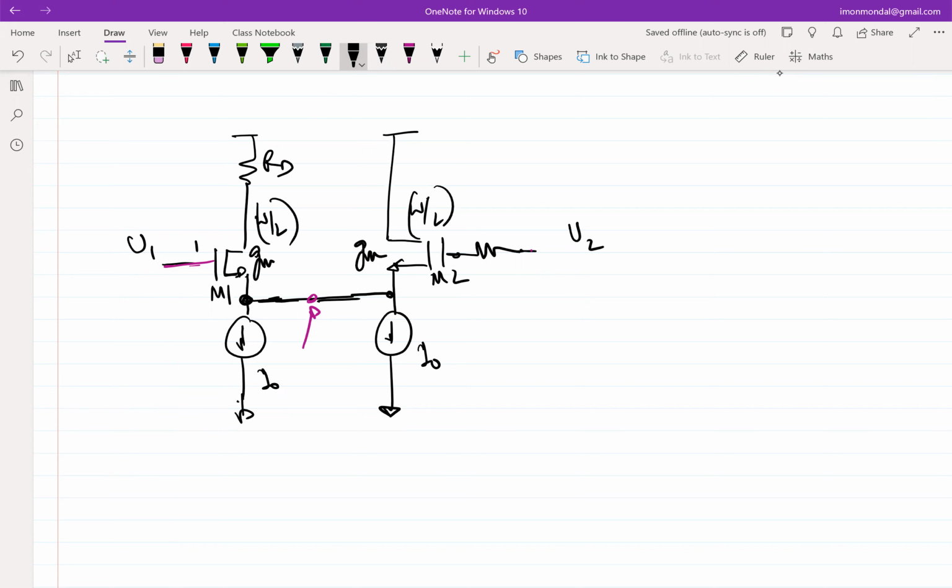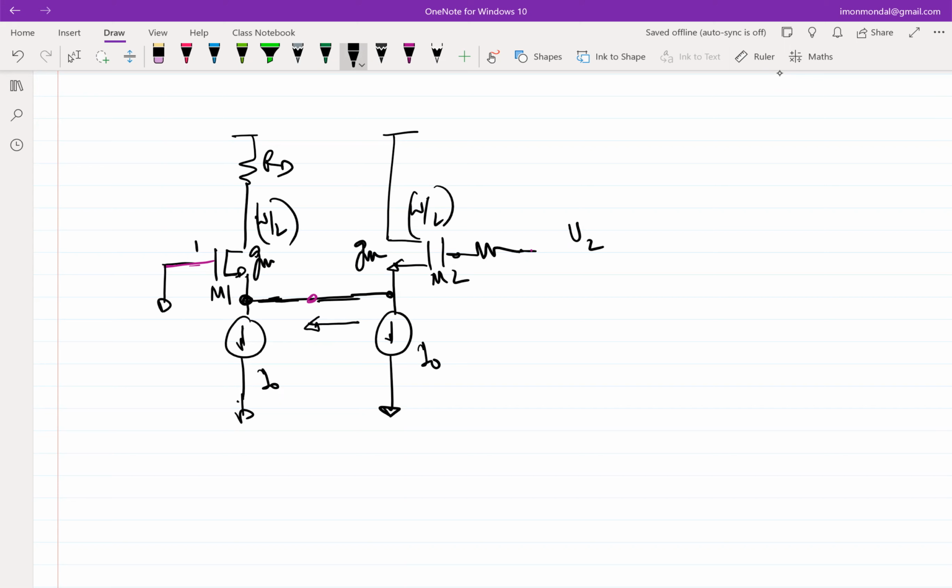So the first thing I will do is say that V1 doesn't exist. With superposition, I can short one or desensitize one input, take the other input, and do the vice versa. So let's assume V1 is not there. If V1 is shorted, what will be this current?